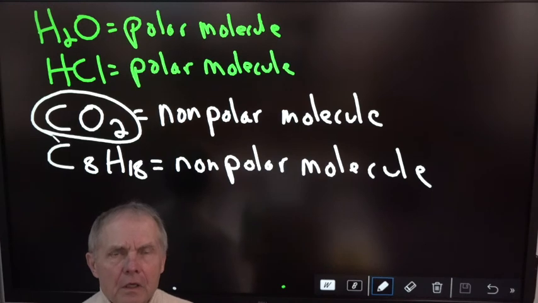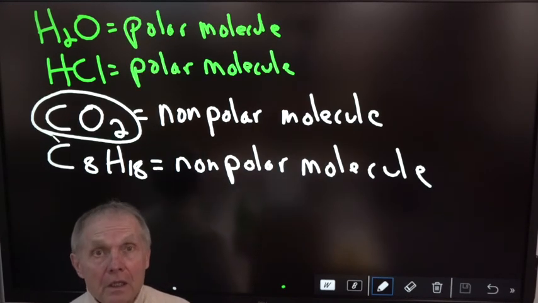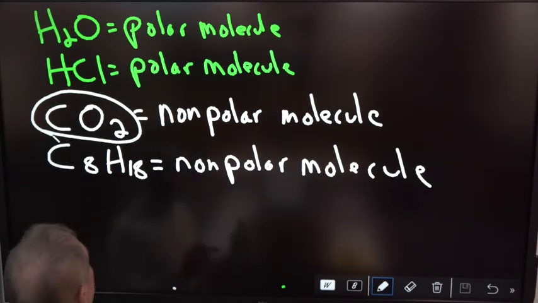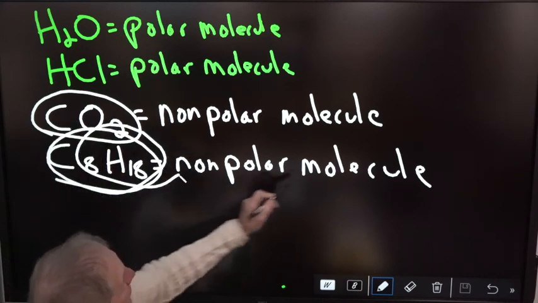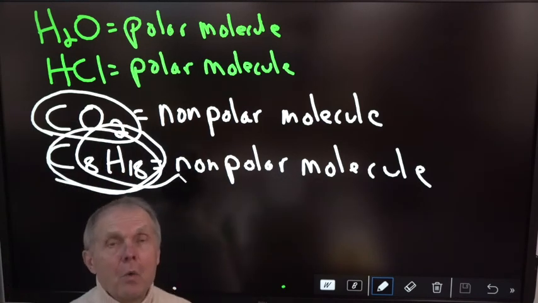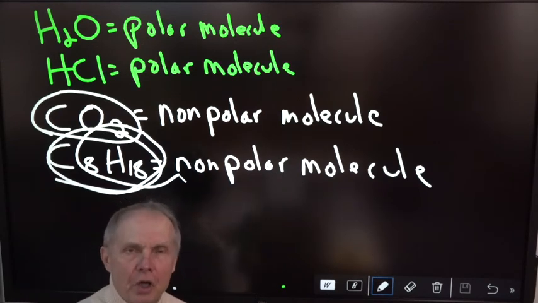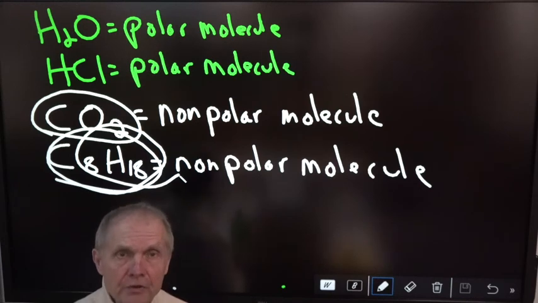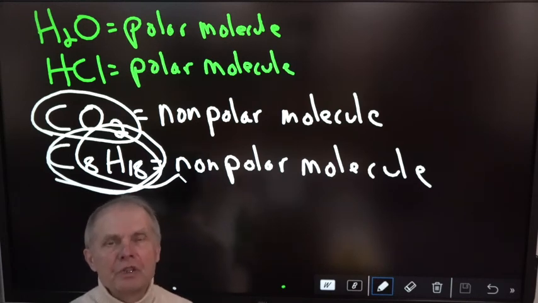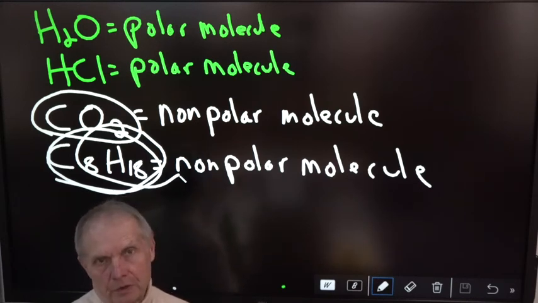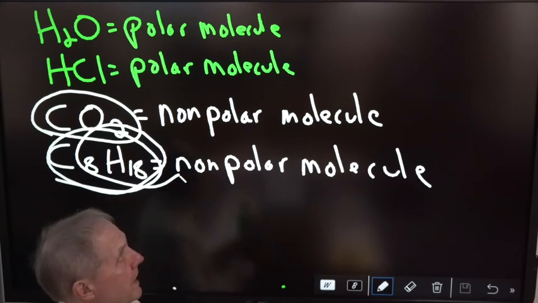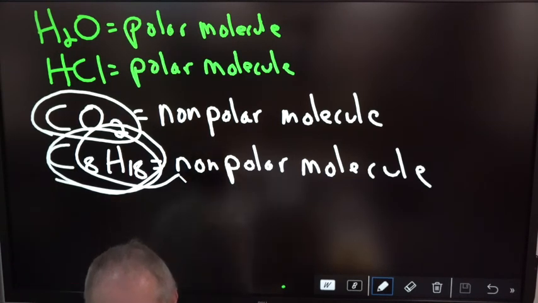Salad dressing, oil and water. It doesn't mix. Oil is this, which is a nonpolar molecule. Water is up on top. They don't mix. So the deal, likes dissolve likes. Polar molecules can dissolve polar molecules. Nonpolar molecules can dissolve nonpolar molecules. Okay? Okay, now that's likes dissolve likes.